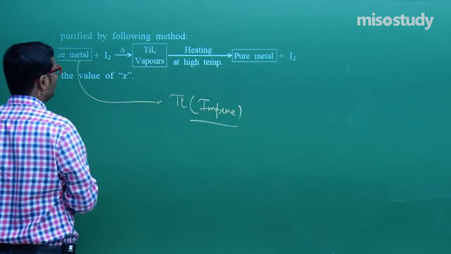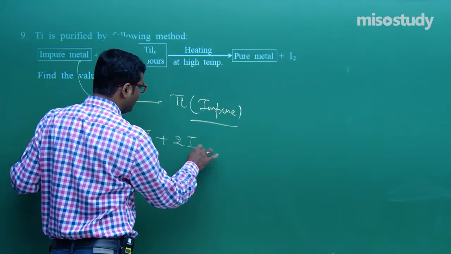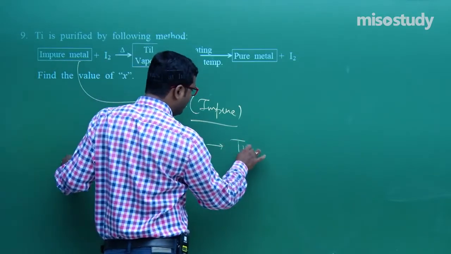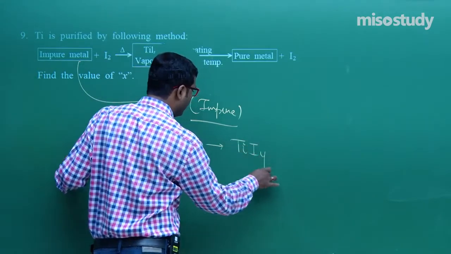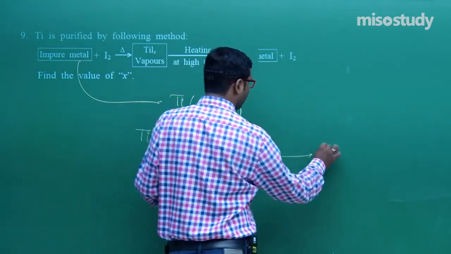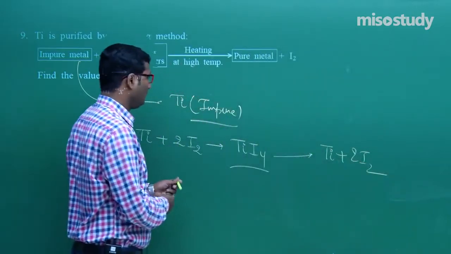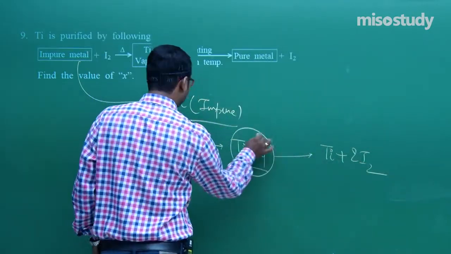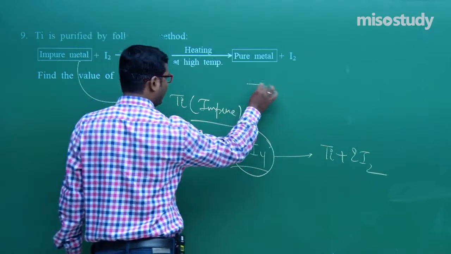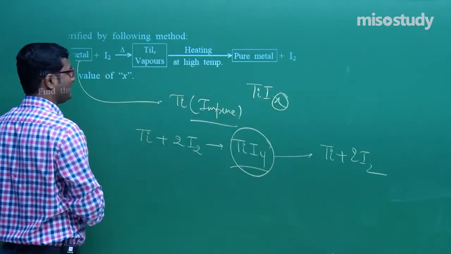Now what will happen when treated with I2? Ti plus I2 gives you TiI4, clear? And on heating, it gives you again Ti plus 2I2, clear to you? And this one is when comparing with TiIX.